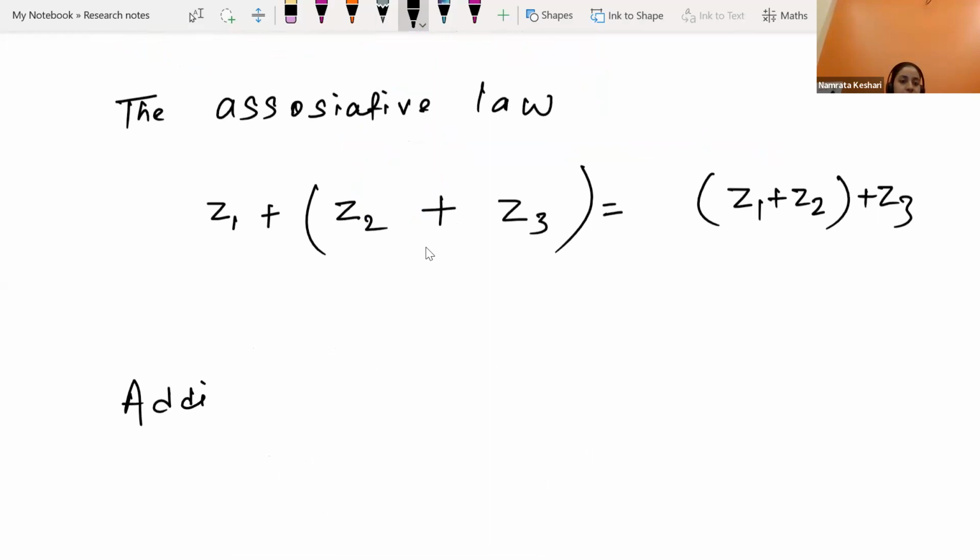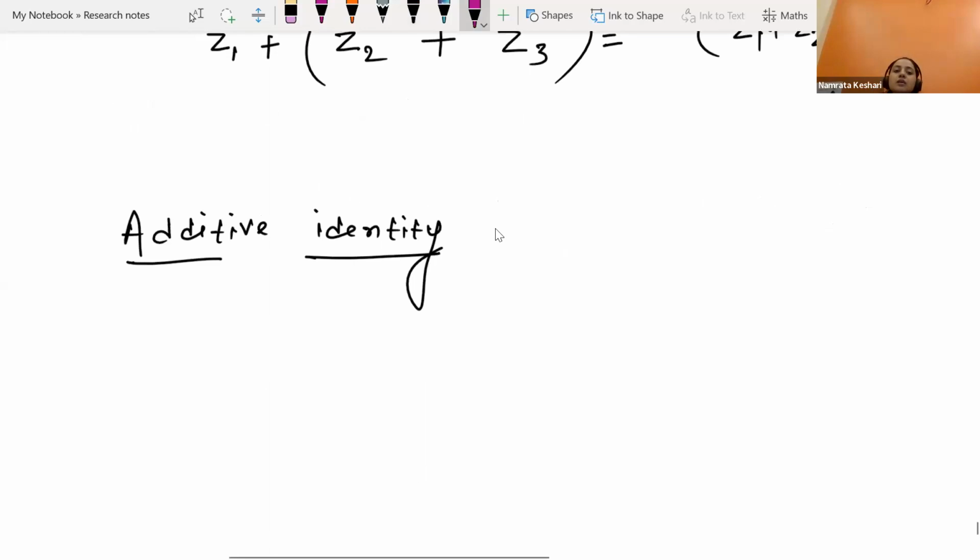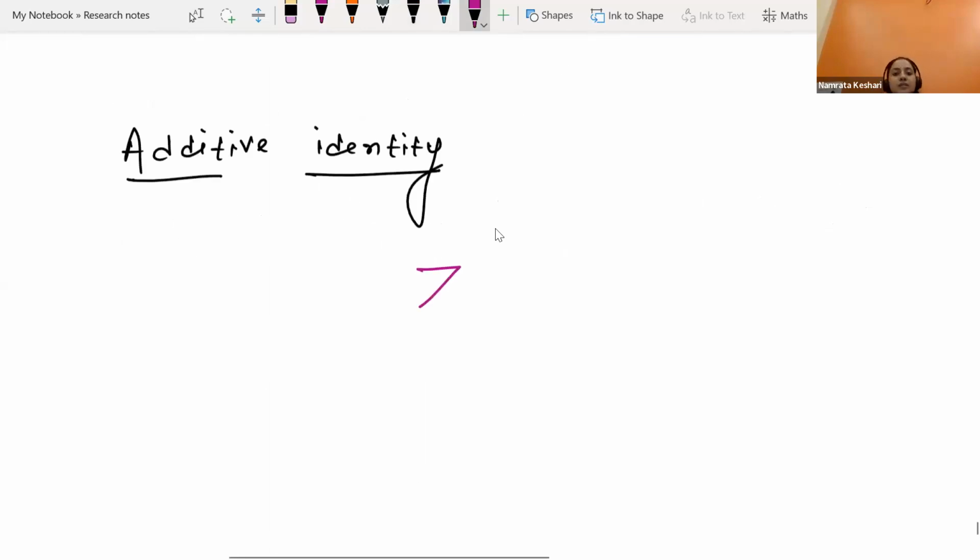This one we need to discuss, additive identity. Additive identity means, suppose we have a complex number z, let's take one example, 2 plus 3i. Additive means add something.